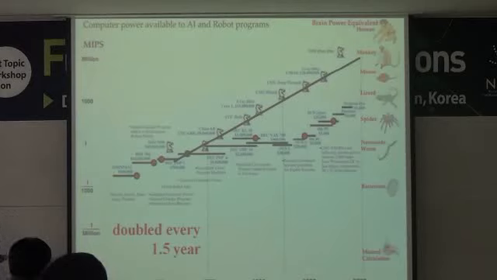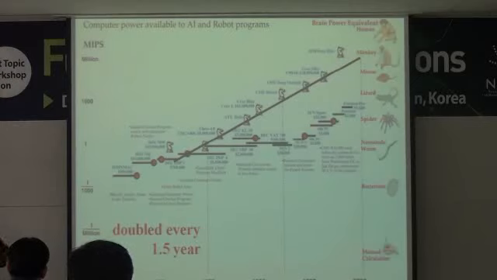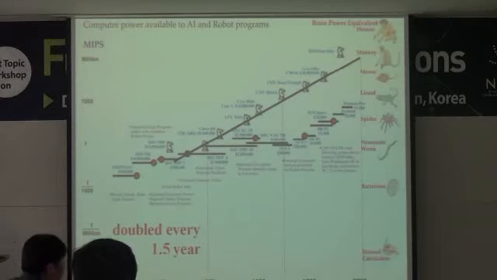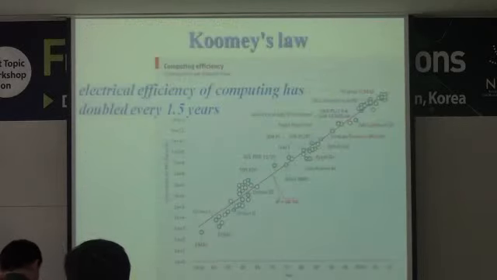Then this optimistic view is that, okay, in the near future we will obtain the performance of the brain. Then what is the problem? It's not a problem of density, it's not a problem of performance, but it's a problem of energy consumption.